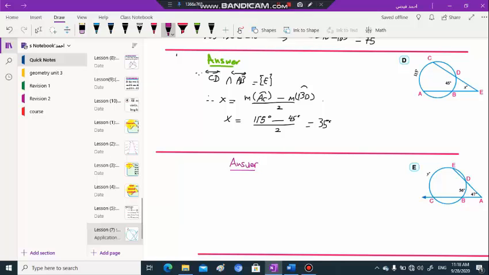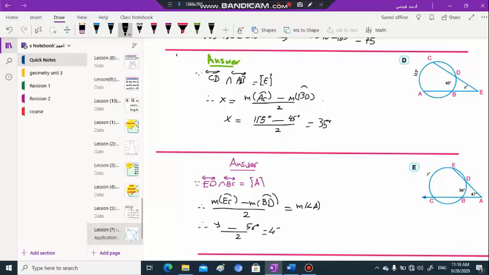Since the straight line ED intersects with the straight line BC at the point A, therefore the measure of arc EC minus the measure of arc BD, divided by 2 equals the measure of angle A. So the measure of arc EC, which is Y, minus the measure of arc BD, which is 56 degrees, divided by 2 equals the measure of angle A, which is 47 degrees.